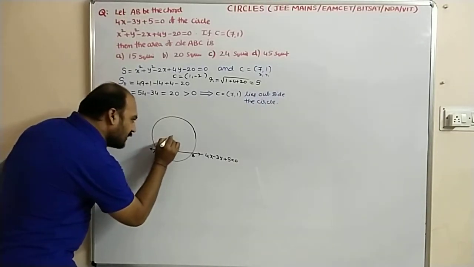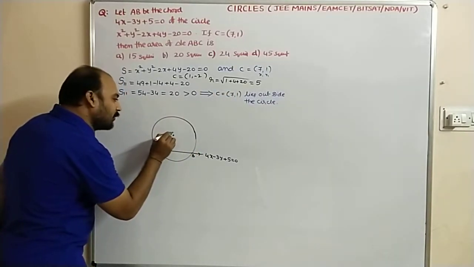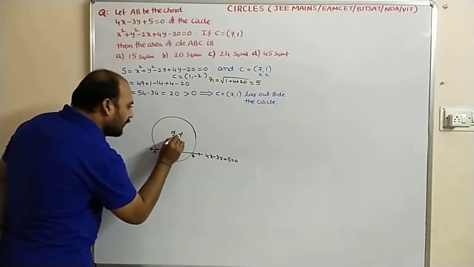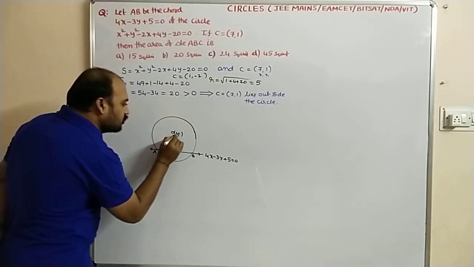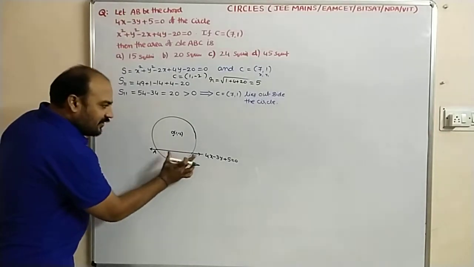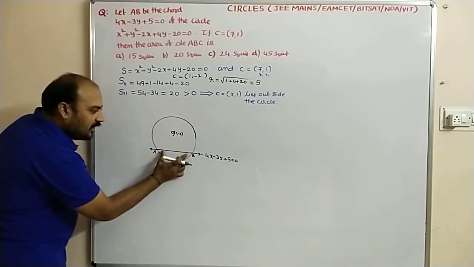Now, for the center of the circle, since the point C is already given, I am assuming here the point is O. The center of the circle is O, which we got as 1 comma minus 2. Whenever a chord equation is given, we need to calculate the length of the chord.